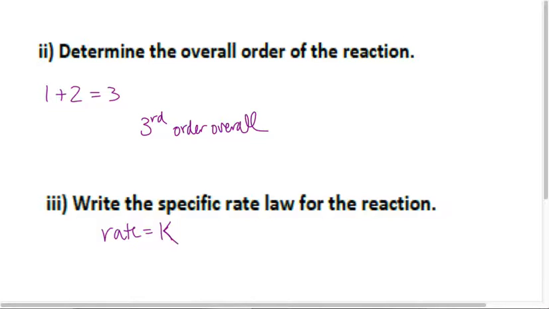So if it's pressure, you're going to use parentheses, and we have the pressure of H2, and we have the pressure of NO. What was H2's order? I don't remember which one was 2. H2 was 1 and NO was 2? All right. And it doesn't matter what order you put those two in, but make sure you couple the correct order with the correct thing.